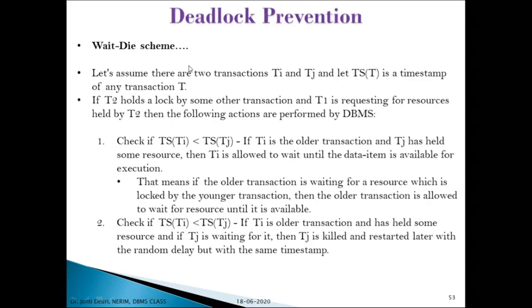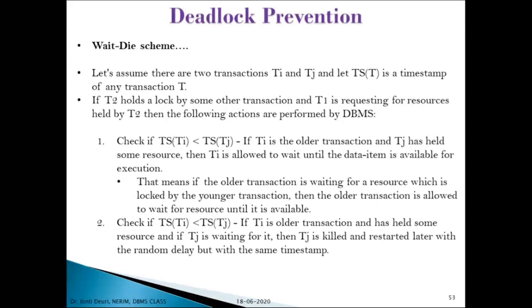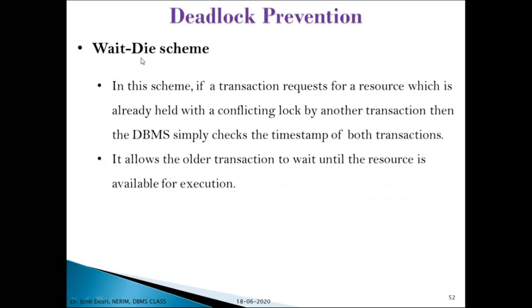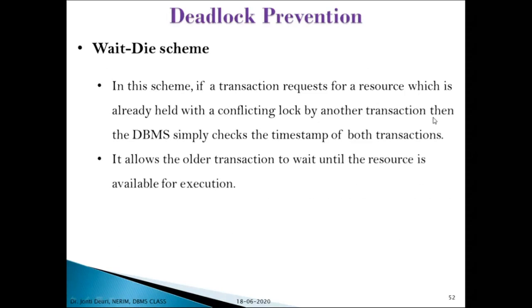In the wait-die scheme, one transaction you keep waiting, and for one you remove that condition. Let's take one example. In this scheme, what happens if a transaction requests a resource which is already held with a conflicting lock by another transaction?